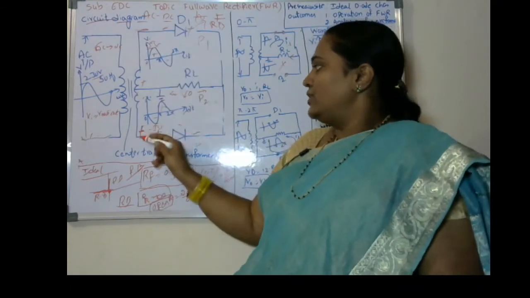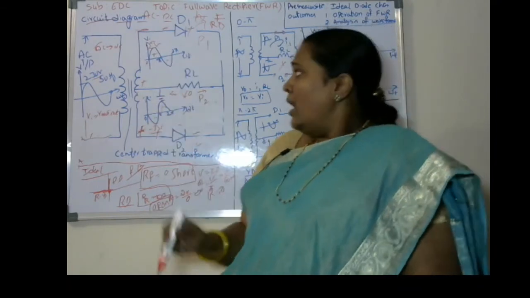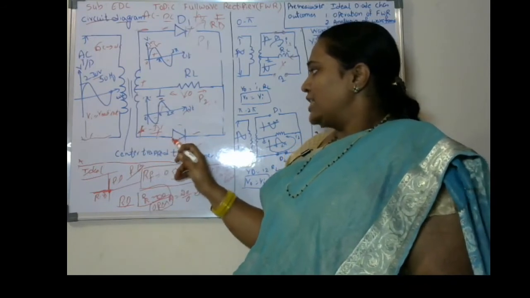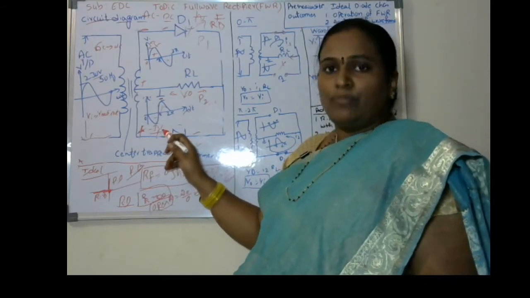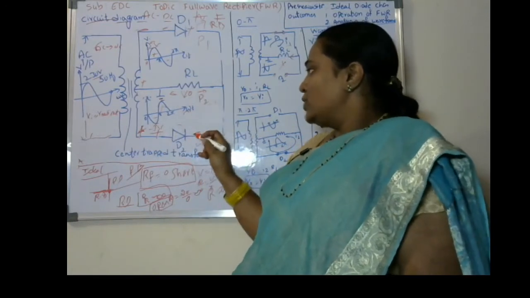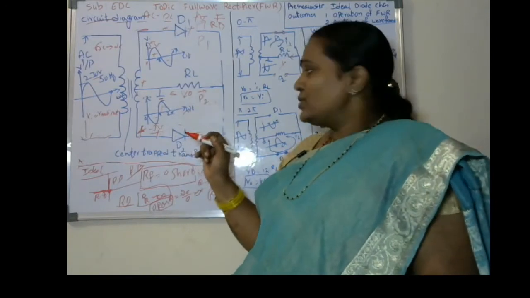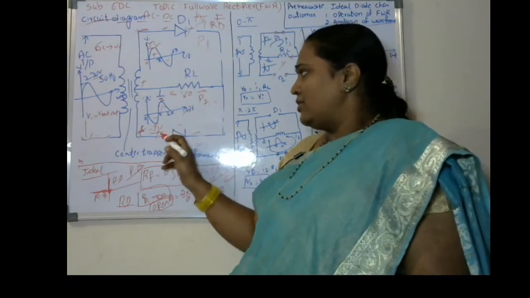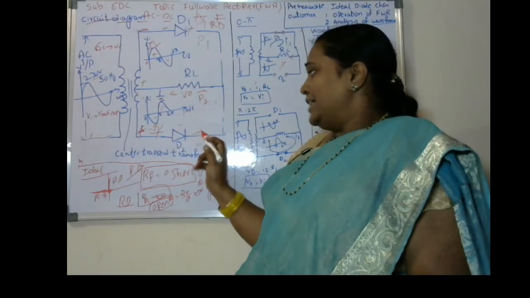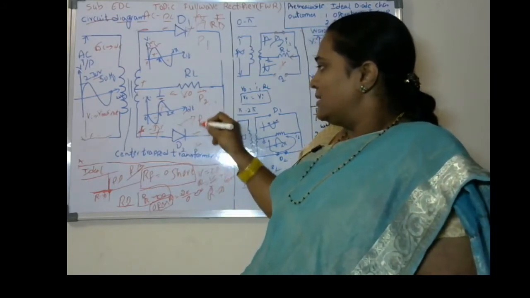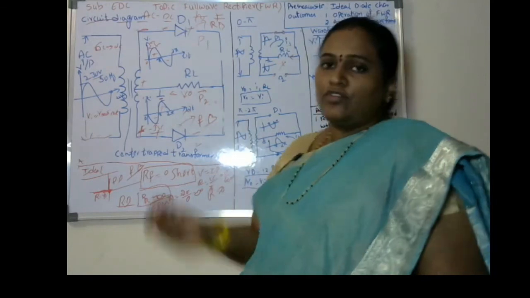So here it is a positive supply. In this case, P type is getting the positive supply and N type is getting the negative supply. So positive has been connected to P type and negative has been connected to N type. So it is in the region of the forward case.